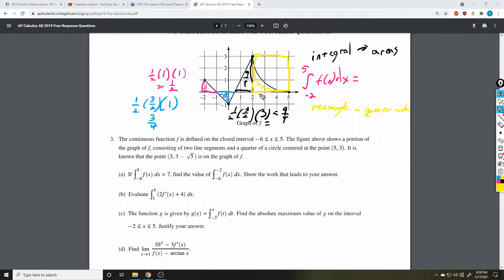So the rectangle, the base is 1, 2, 3, and the height is 1, 2, 3. So the rectangle is 9. The quarter circle is going to be a quarter times the area of the circle, which would be, my radius would be 3, so pi times 3 squared. So that's going to be 9 minus 9 pi over 4. So that's the area that you're going to need to do to get the integral from -2 to 5.